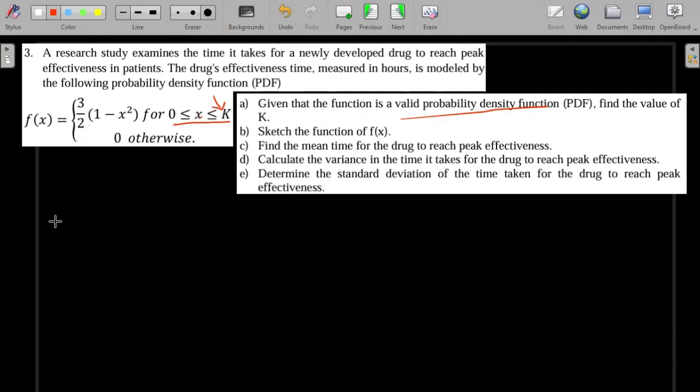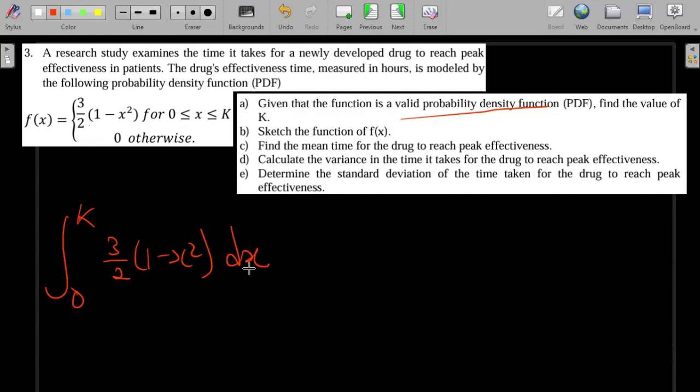We know that if something is a valid PDF, then the integral over the given interval, which is 0 to k, of this f(x), which is given by 3/2 times (1 minus x squared) dx, should give us what? 1, if this is indeed a valid PDF, and they have told us here that it's a valid PDF. So we're going to use that fact to help us find the value of k.